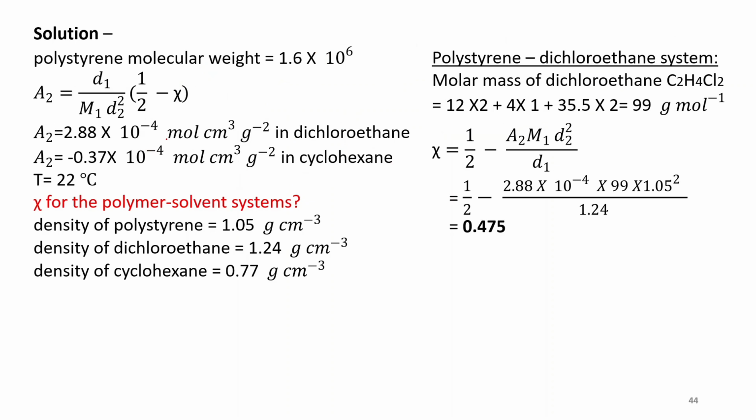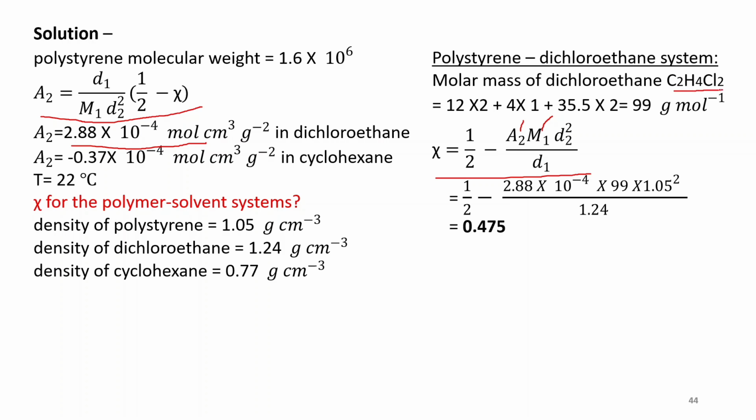So in the polystyrene and dichloroethane system, first we are calculating for that. We can rearrange the equation to chi equals half minus A2 m1 d2 square by d1. Here A2 is given for dichloroethane as 2.88 into 10 to the power minus 4, right? Then m1 we need to calculate, which is the molar mass of dichloroethane, C2H4Cl2.